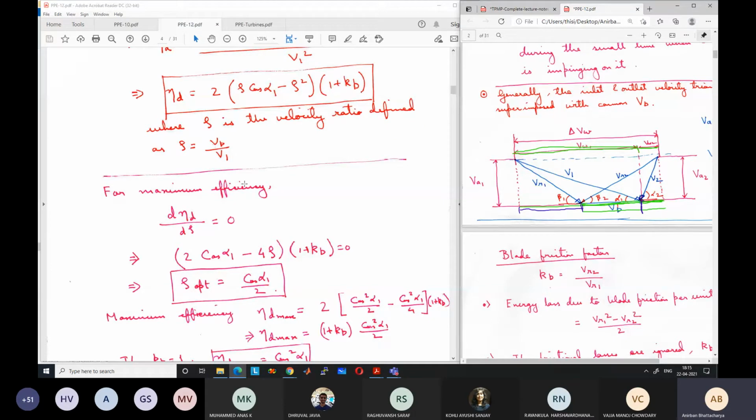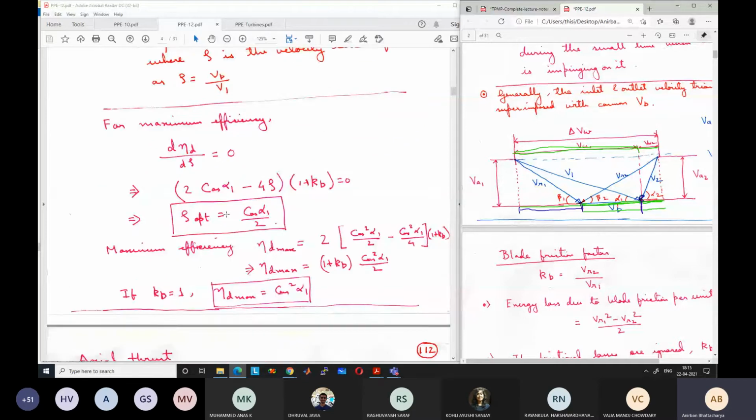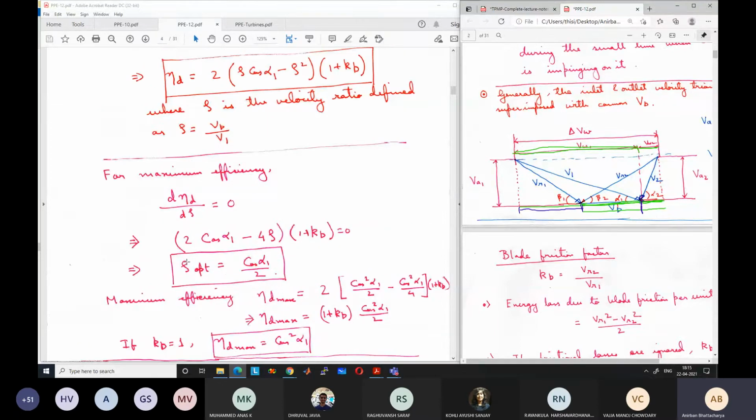So this is the optimum velocity ratio, and with it we can find the maximum efficiency if we put the value of rho optimum in this expression of eta d. Rho will become cos alpha 1 by 2, and rho square is cos square alpha 1 by 4. Ultimately you will get 1 plus KB, cos square alpha 1 by 2. If we ignore the frictional losses, KB is 1, and this equals cos square alpha 1.